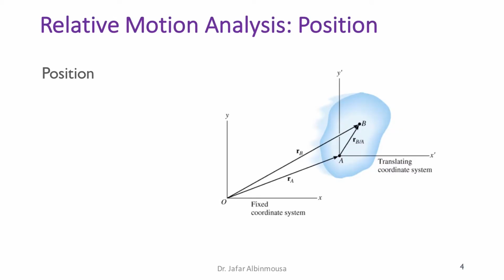When the rigid body translates, we have absolute positions of point A and point B, and there is a relative position vector of B with respect to A. So if we want to express the position of B, then rB is equal to rA plus rB with respect to A.